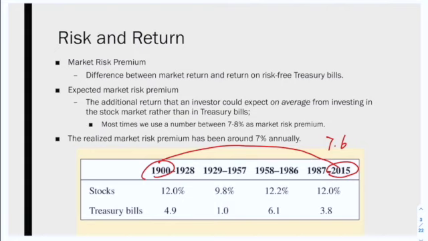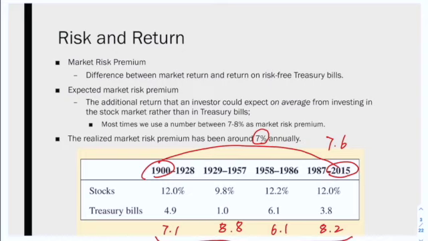Depending on which subperiod we're using, we can have 7.1, correct me if I'm wrong, 8.8, 6.1, and 8.2. They can be off a little bit, but on average, we're not too much off if we use 7% as the average realized risk premium from all the US market history.